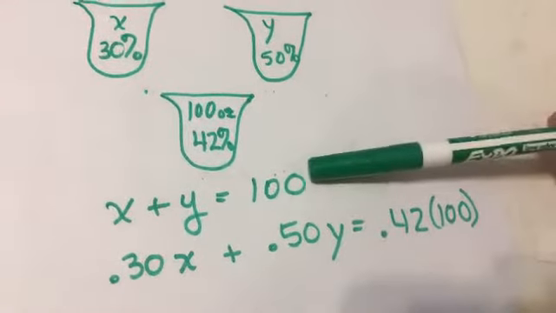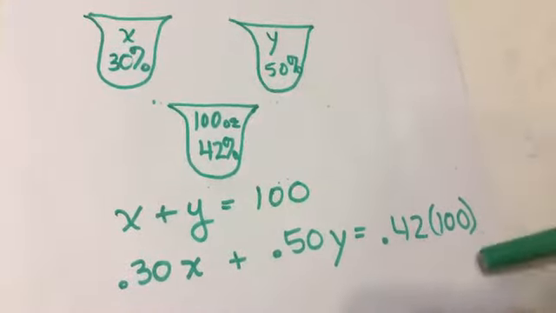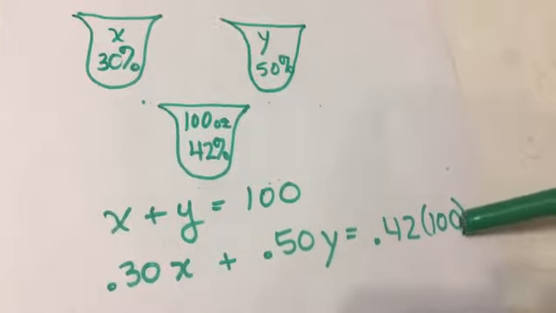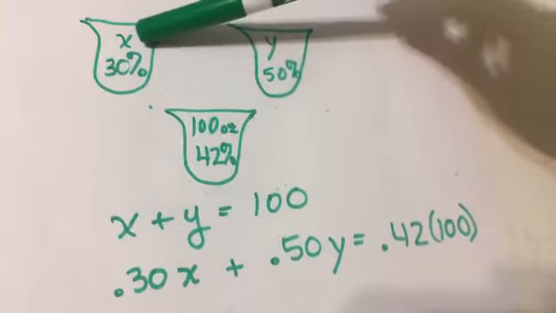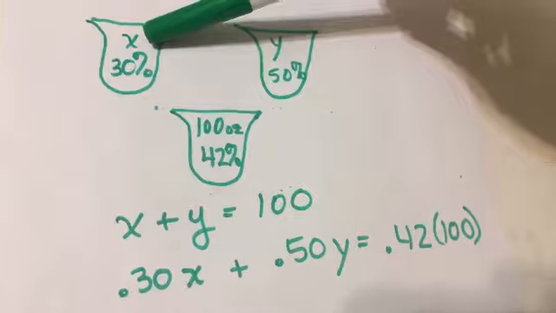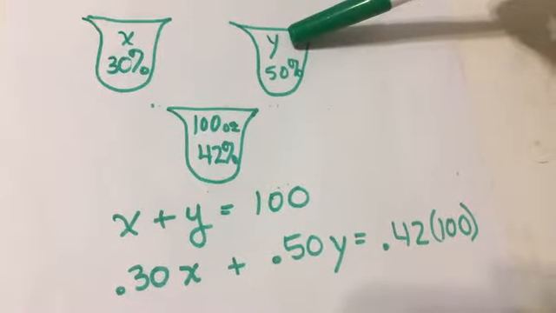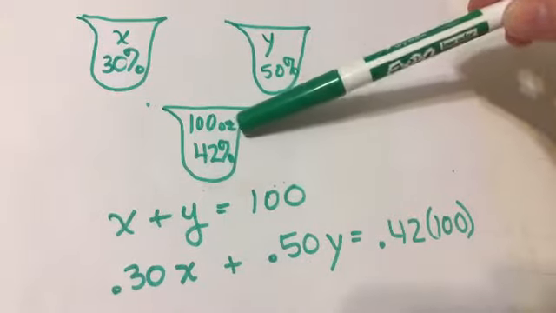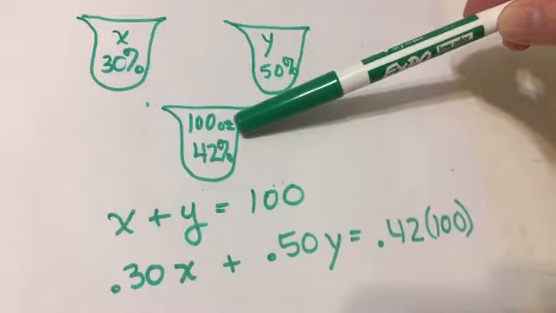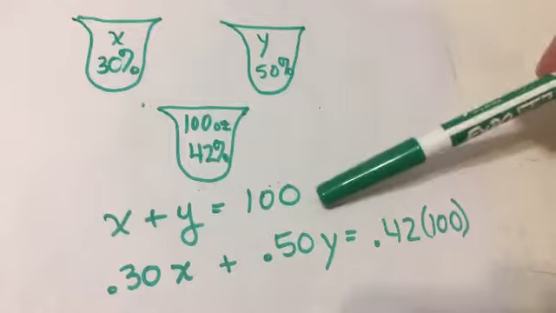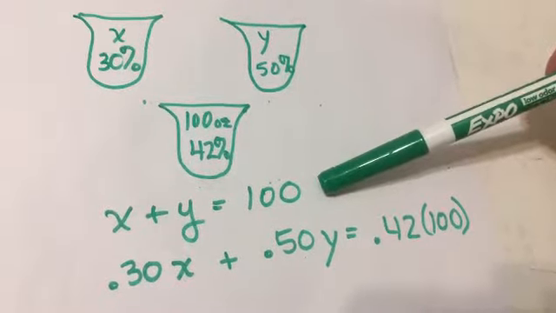So we have an amount equation and a concentration equation. Our amount equation says that we have X amount of 30% and Y amount of 50%, and they're going to combine to give me 100 ounces of this mixture. So there's my amount equation.